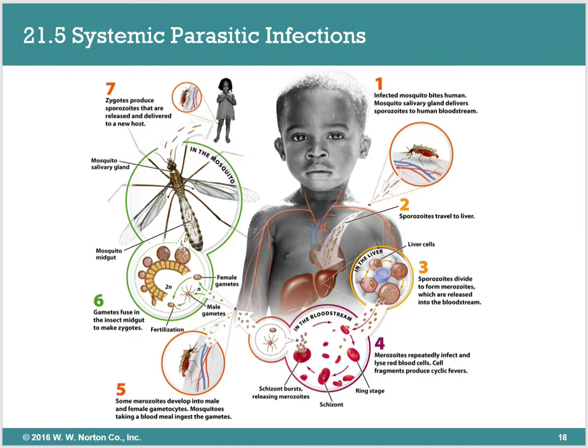Once it gets to a certain maturity, it will be released back into the bloodstream and continue to replicate there. Then a mosquito will come again and bite, and that mosquito is now infected, and it can go and bite somebody else.